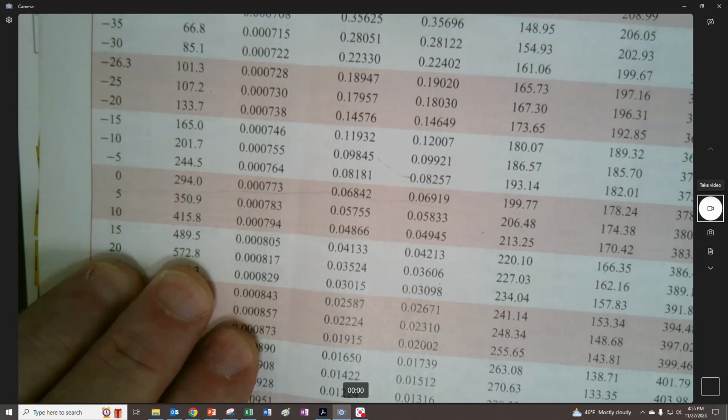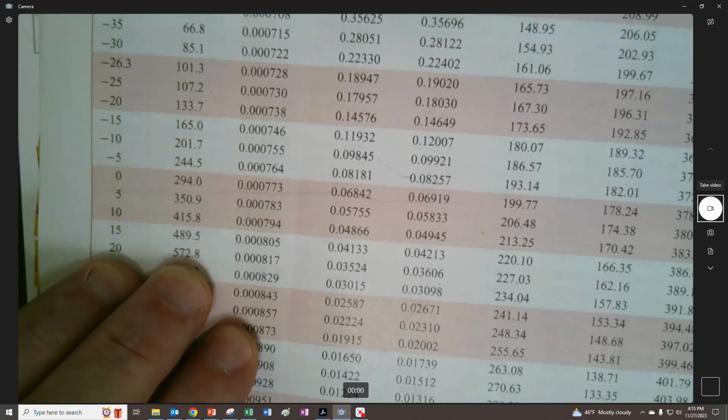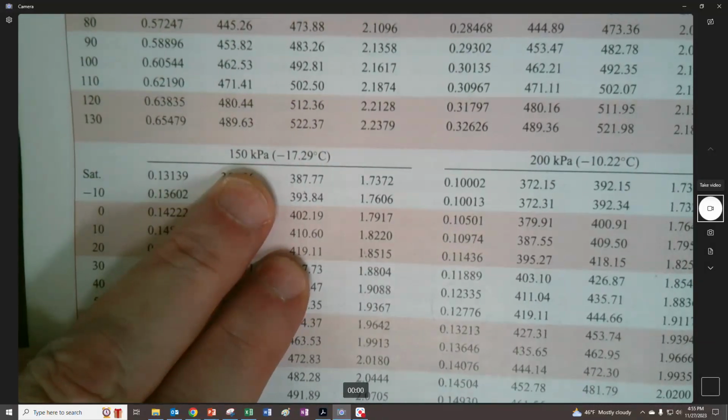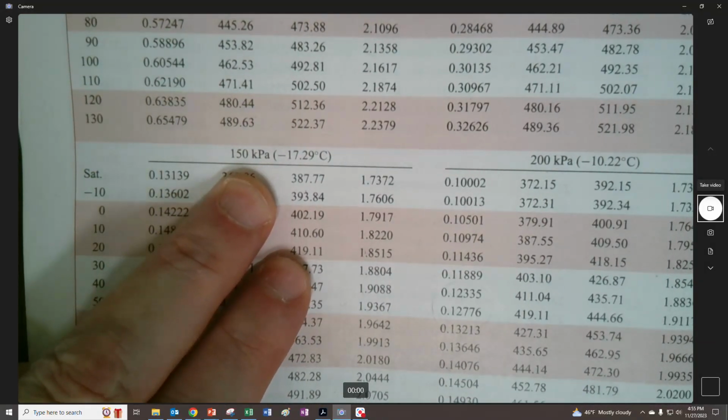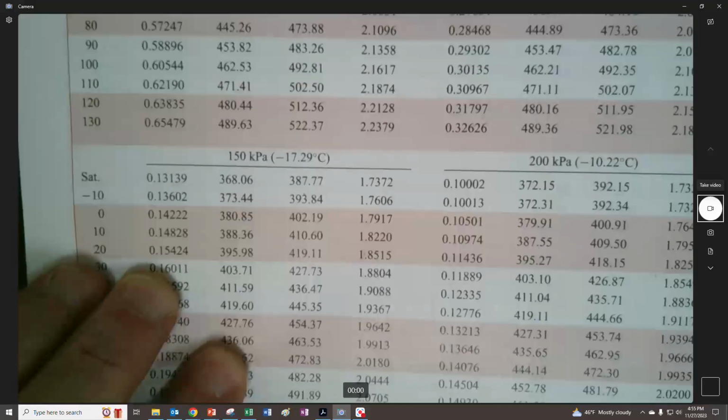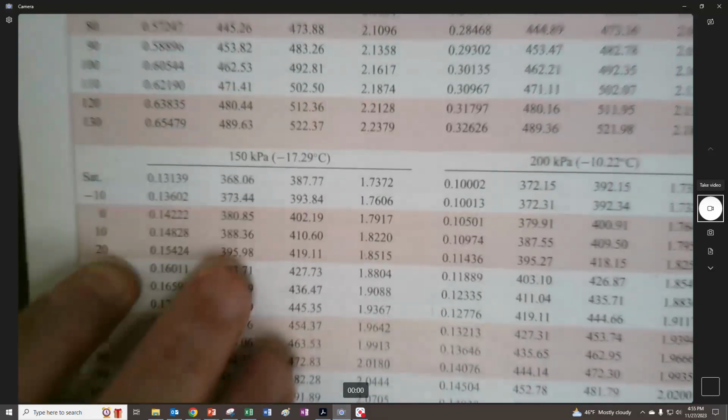So the pressure is lower at this temperature, so we are going to be superheated. Instead of 140, I went to 150, because then I didn't have to interpolate. So I just changed the problem. So 20 degrees at 150.